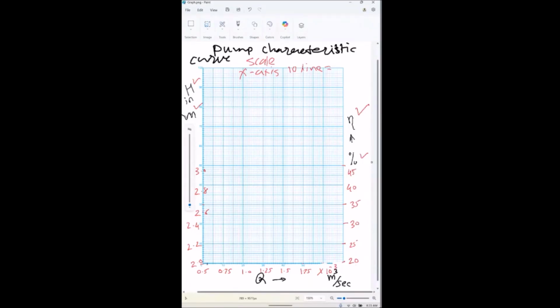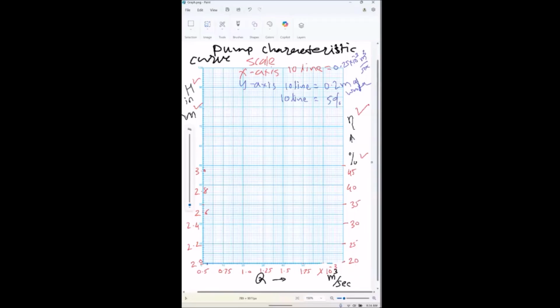So here I need to write the scale. 10 lines is equal to, on x-axis 10 lines is equal to 0.25 into 10 to the power minus 3 meter cube per second, the scale. And on y-axis 10 lines is equal to 0.2 meters of water, and another 10 lines is equal to 5% of efficiency.